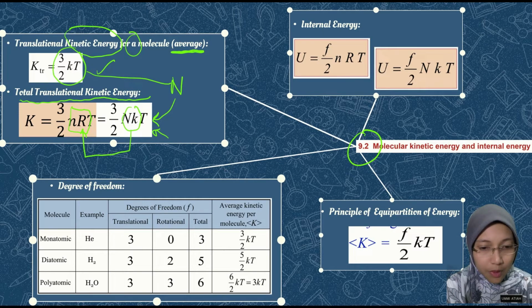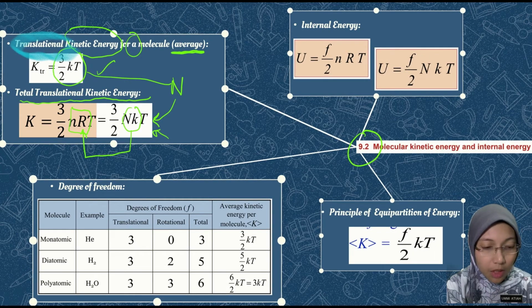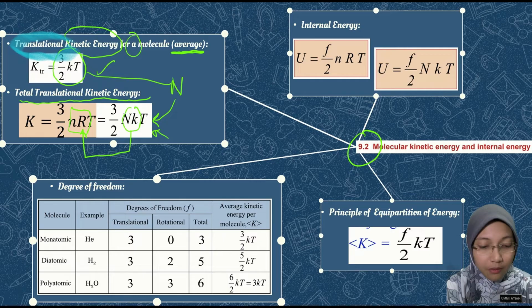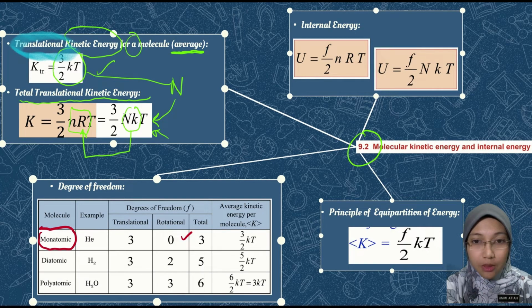For your information, you have a few types of kinetic energy: translational and also rotational. The rotational kinetic energy will differ depending on the type of molecule we're talking about. The monoatomic gas molecule will have 0 rotational degrees of freedom.